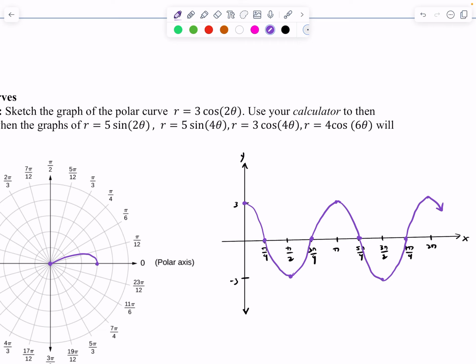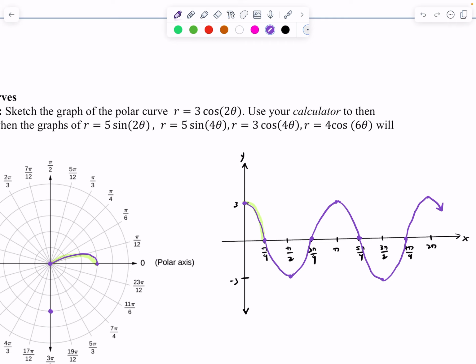Okay, and here I'm going to highlight this part of the graph. And then we go to pi over 2, and we're at negative 3, so that means we're counting 1, 2, 3 towards 3 pi over 2. But notice that between pi over 4 and pi over 2, our values were negative.